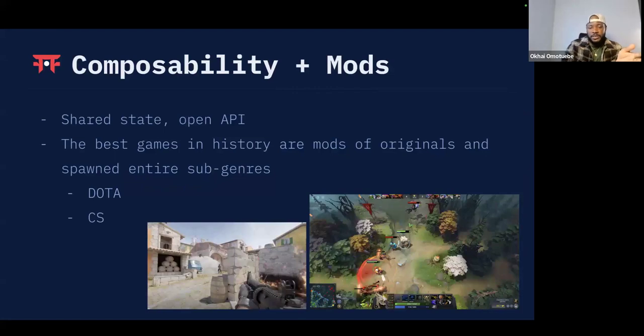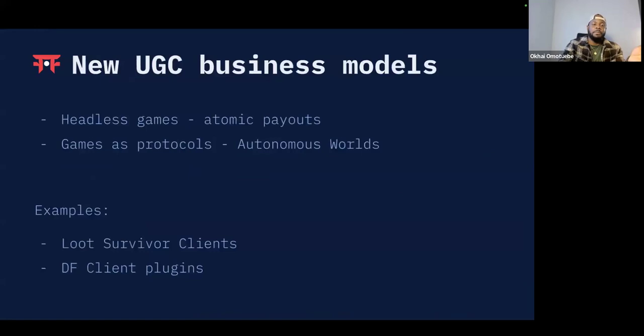Again, it enables composability and mods. So it has shared state, open APIs, and some of the best games in history are mods of originals. Like Dota is a mod, Counter-Strike is a mod, and a lot of people play it a lot. It's even more popular than the original game because people modified it and made it more interesting.